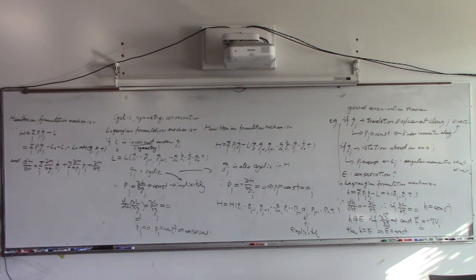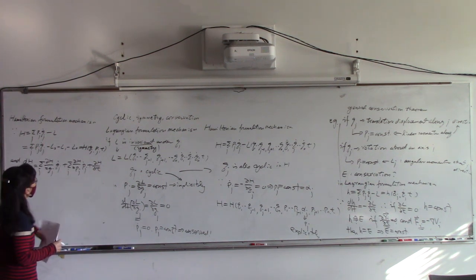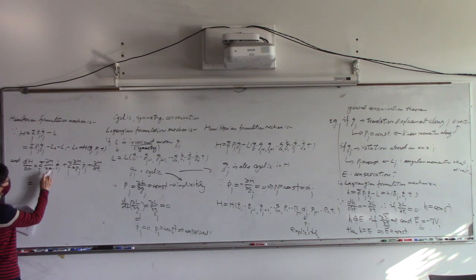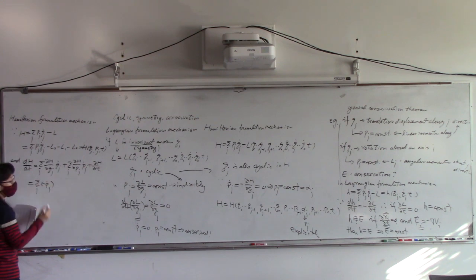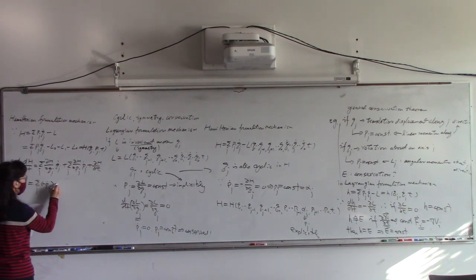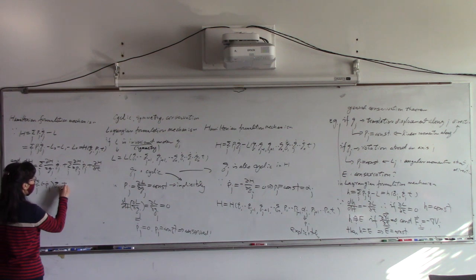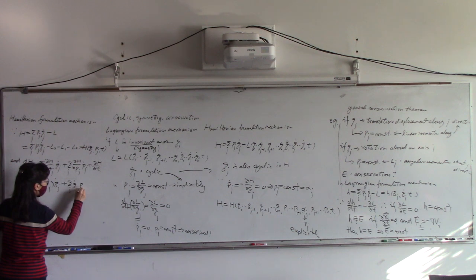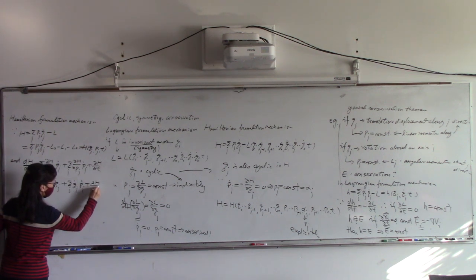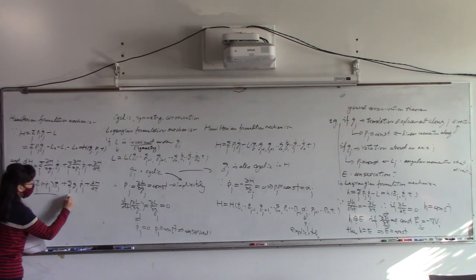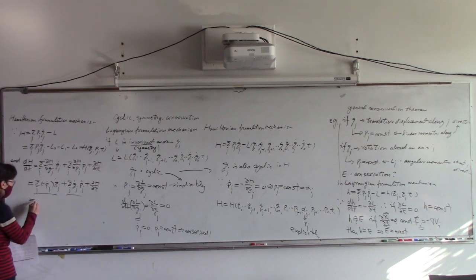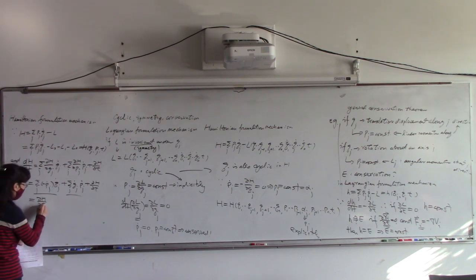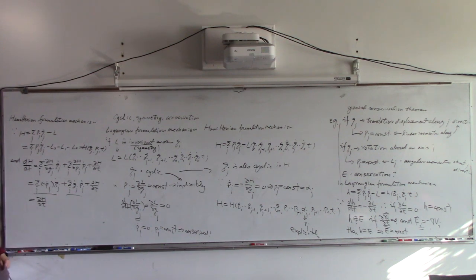But partial H partial Qj is negative Pj dot, according to Hamilton's equations of motion, multiplied by Qj dot, and partial H partial Pj is Qj dot, multiplied by Pj dot. These two terms cancel, right? So the total time derivative of the Hamiltonian is equal to the partial time derivative of the Hamiltonian.